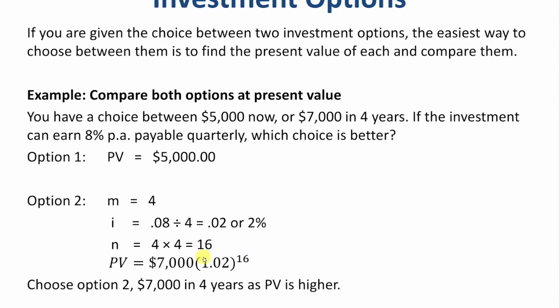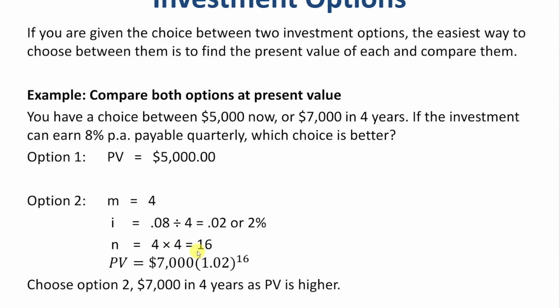Now let me just say this again. This is wrong. There's a typo in the slide here. It should be $7,000 divided by 1.02 to the power of 16, or 7,000 times 1.02 to the power of negative 16.